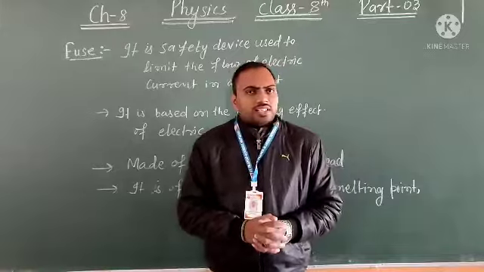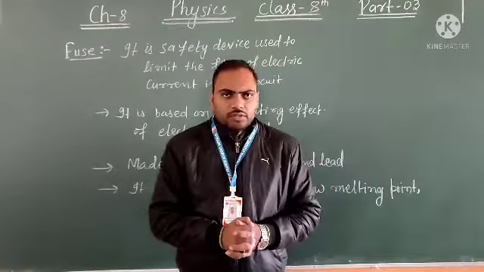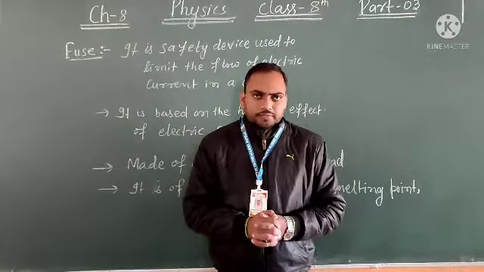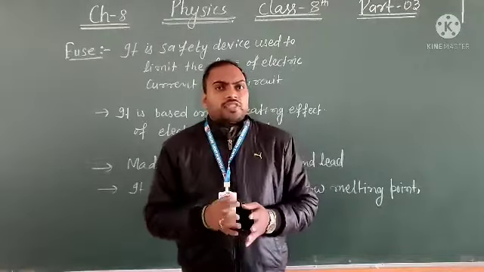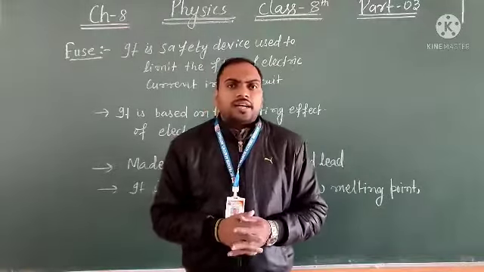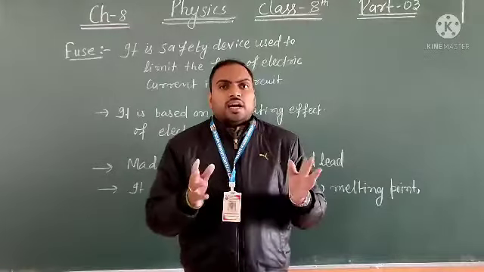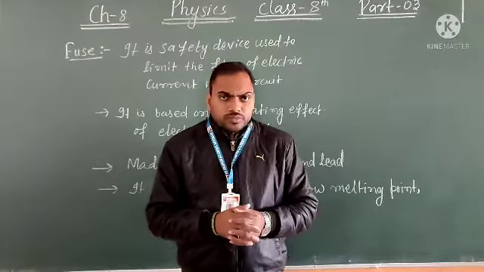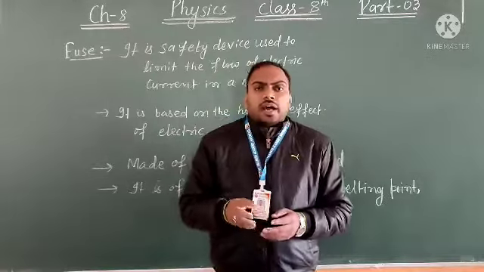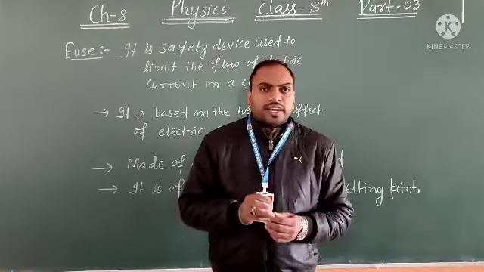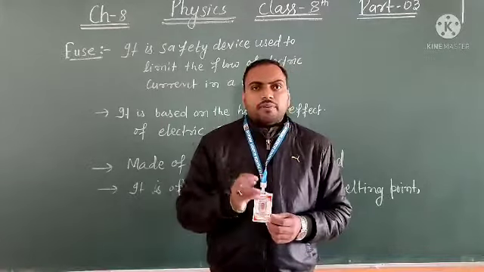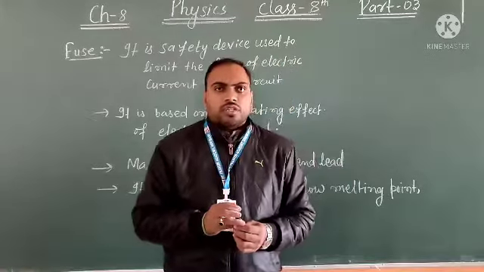Dear students, in the last chapter we understood household wiring, and which types of wires we use to wire our houses. For example, I explained that the live wire is red in color and has a voltage of 220 volt.